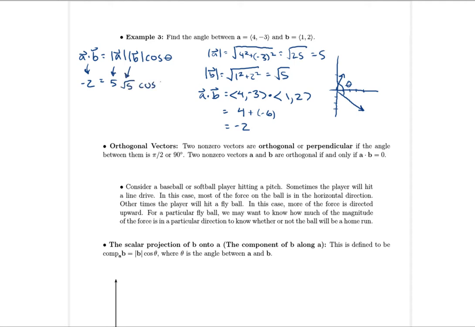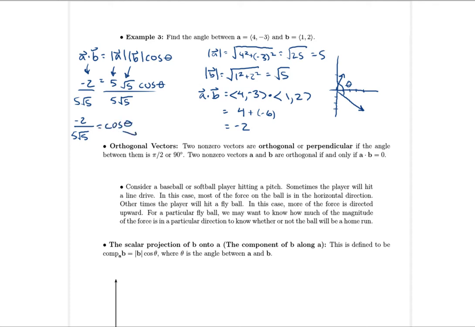And then cosine theta. But of course we can just divide both sides by 5 roots of 5. So -2 over 5 square roots of 5 is the cosine of theta.